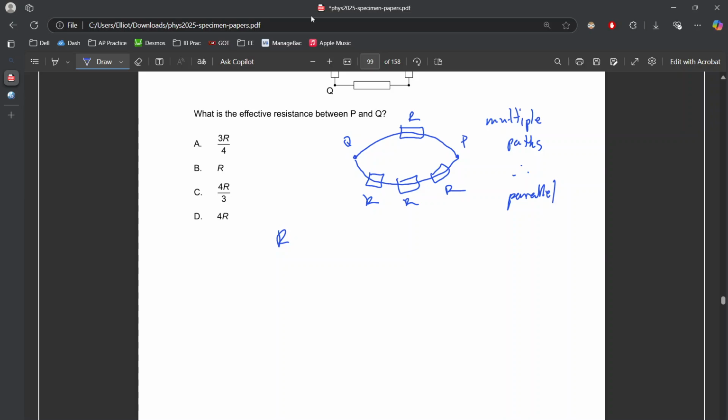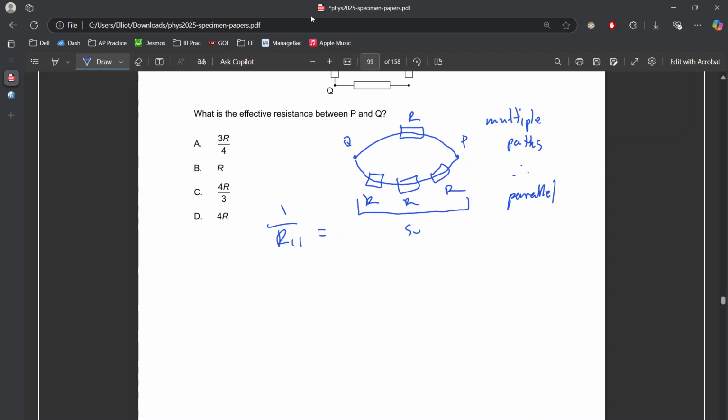Alright, so this is in B5, if I remember correctly. I'm flipping through my data booklet here. And so you just need to calculate the parallel resistance. So 1 over the resistance in parallel is equal to the sum of the reciprocals of the resistance. But this is in one line, so this is series.